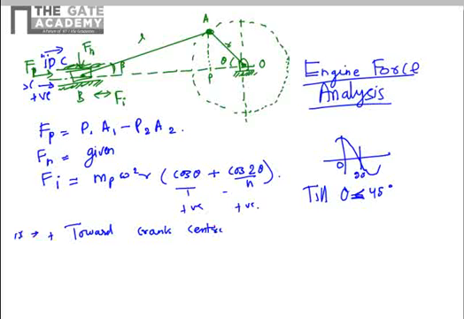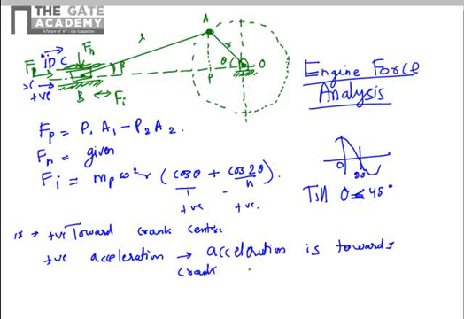If you get positive acceleration, that means acceleration is towards crank center. Obviously this is for the crank rotating in a clockwise fashion. If the crank is rotating in an anti-clockwise fashion, all the things will be reversed. So omega is clockwise for all this purpose.